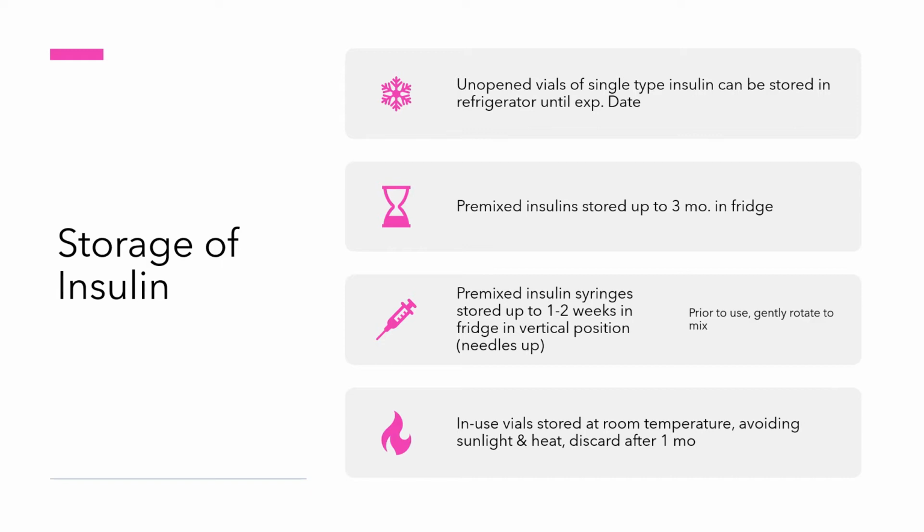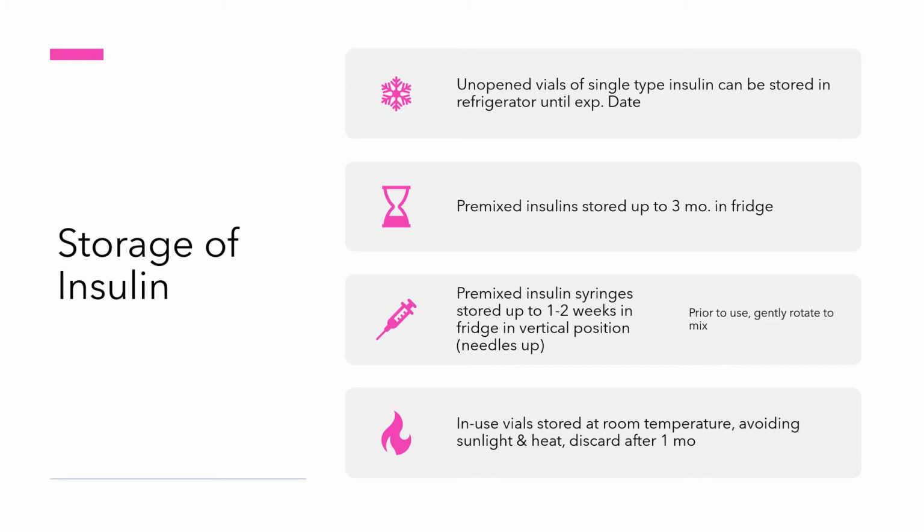So this is a combination vial. So if they are just a single type of insulin in this vial, it can be stored in the refrigerator until the expiration date if it has not been opened. If it has already been premixed, such as that 70-30 version, it can be stored in the fridge up to 3 months. So after it has been mixed, it's only good for 3 months.